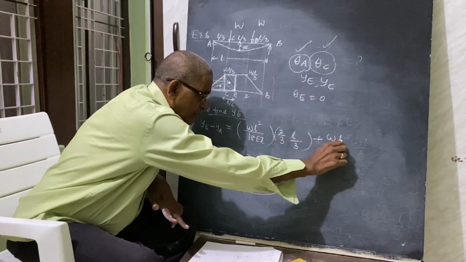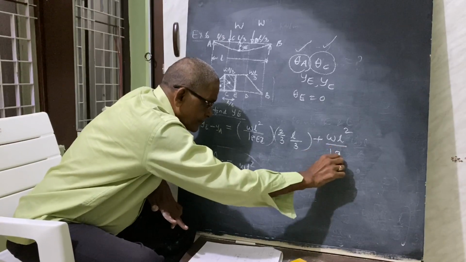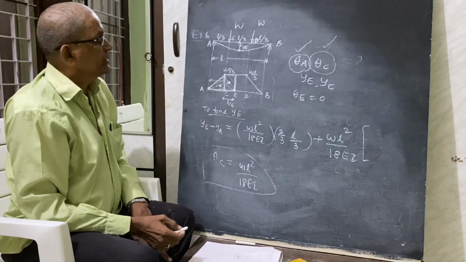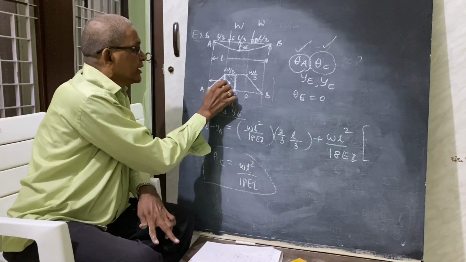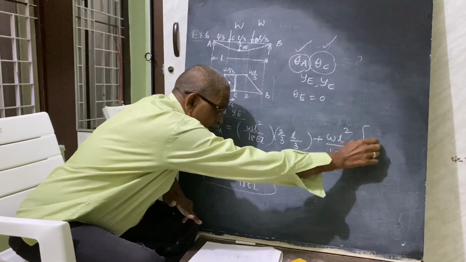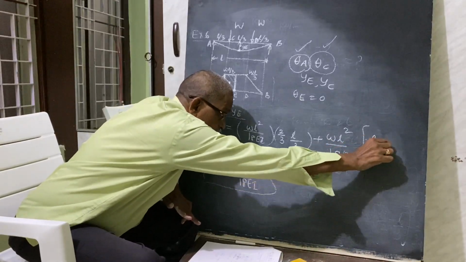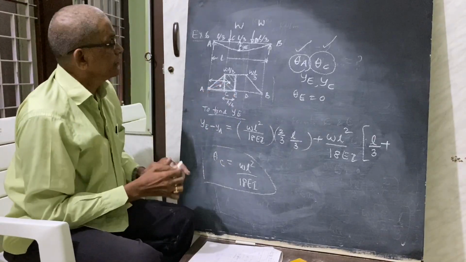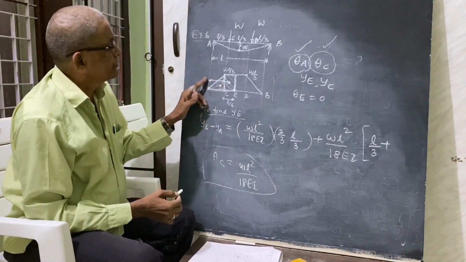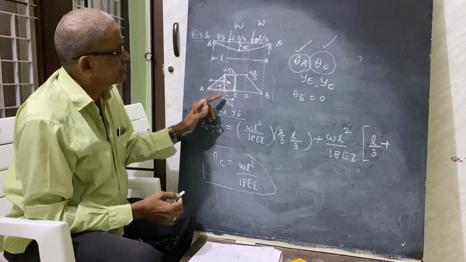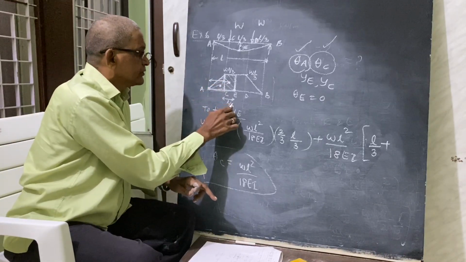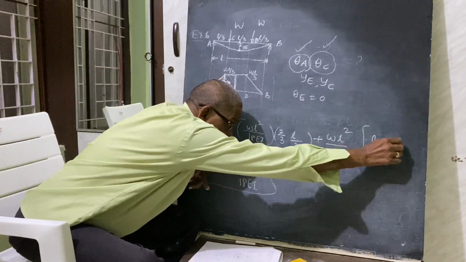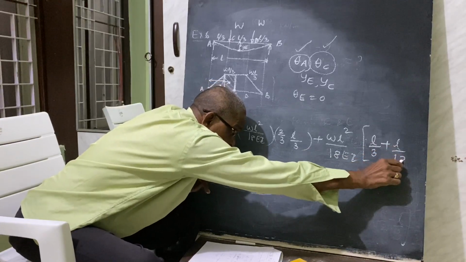It is WL square by 18 EI into distance. What is the distance from here to here? From here to here is L by 3 plus, what is the distance from here to here? Distance from here to here is L by 3. From here to here is what? Half of this. Half of this means half of L by 6. Half of L by 6 will be L by 12.